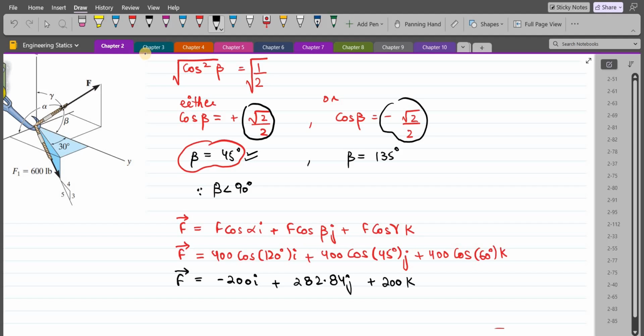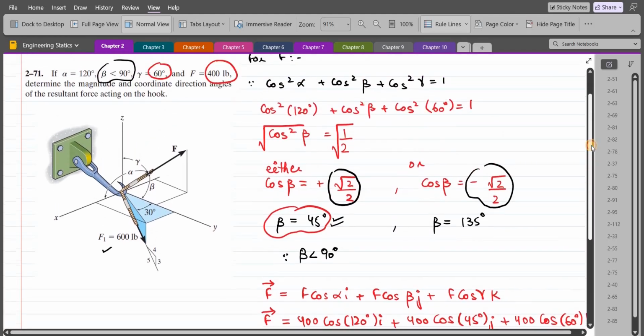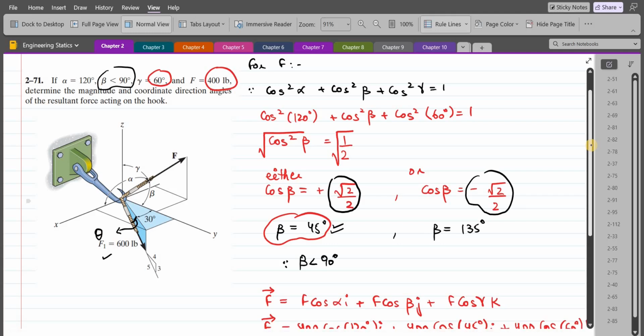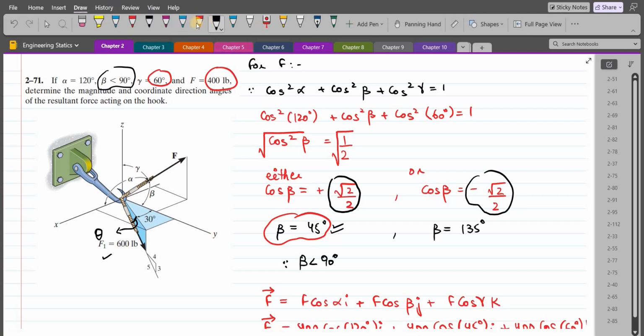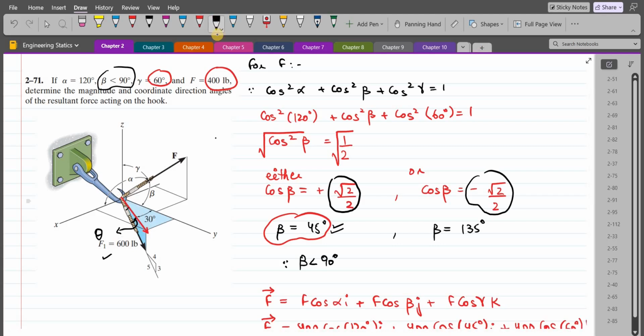Now we have to resolve the F1 force into Cartesian vector form. For the F1 force, let's call this angle theta. First of all, we have to draw the projection of F1 force on the XY plane, and it would look something like this. Let's label it. So this is F1 cos theta.